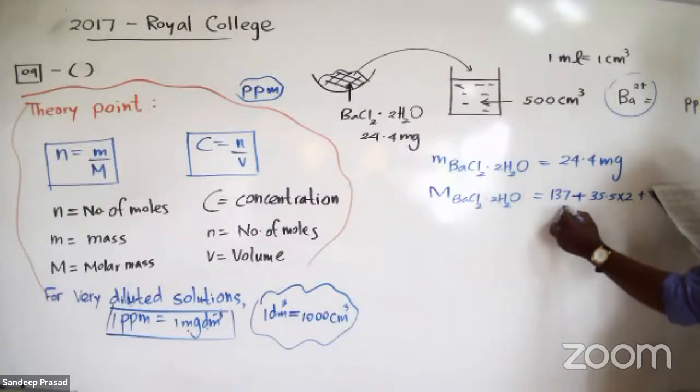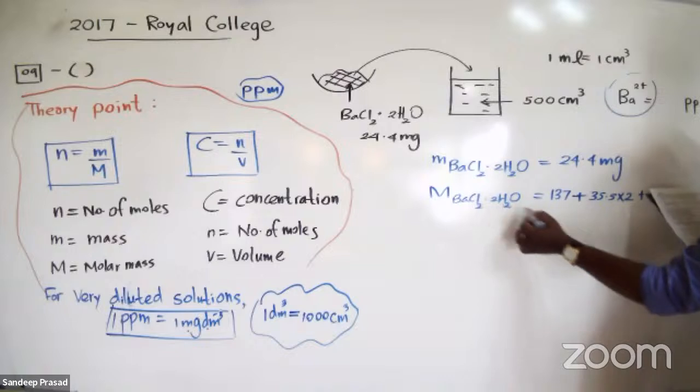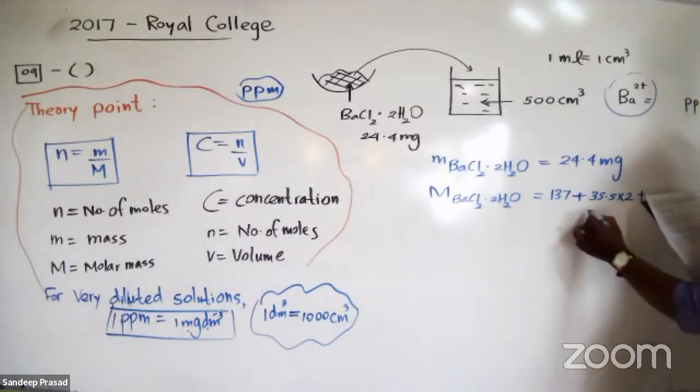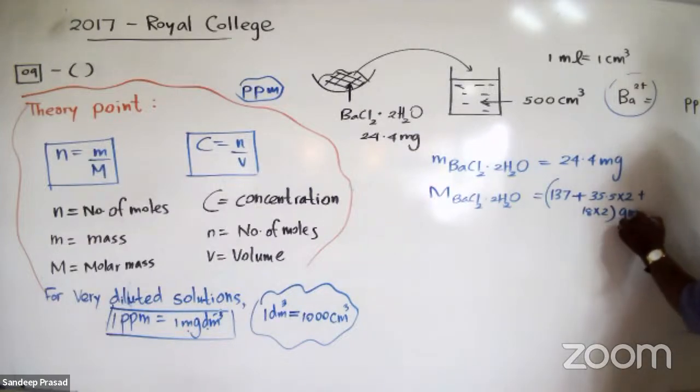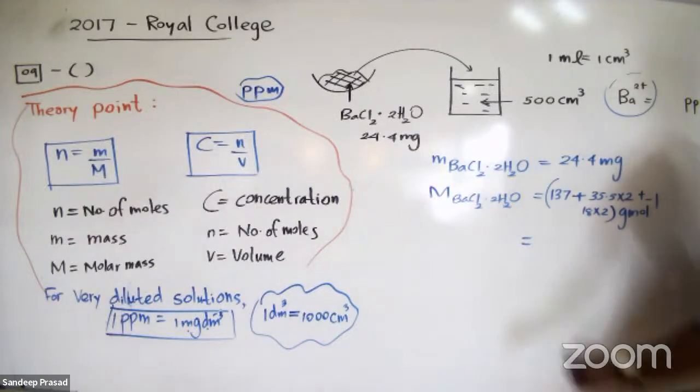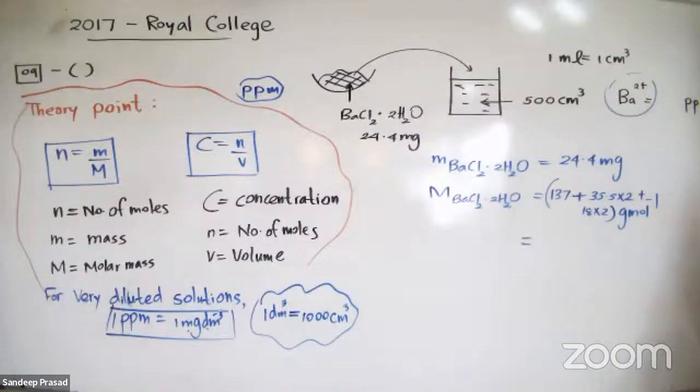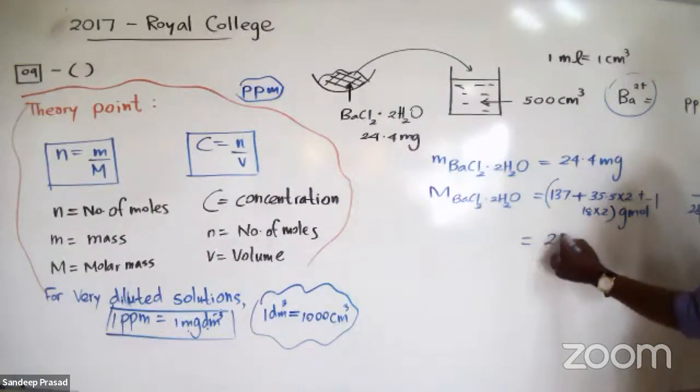Plus the water molecules: 4 hydrogens and 2 oxygens, so 18 into 2. Remember the unit for molar mass is grams per mole. Now get the summation. The answer is 244 grams per mole.